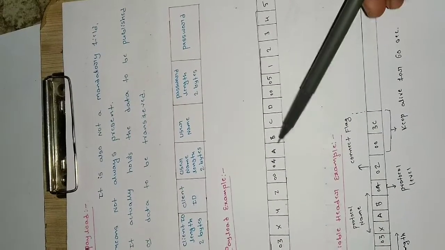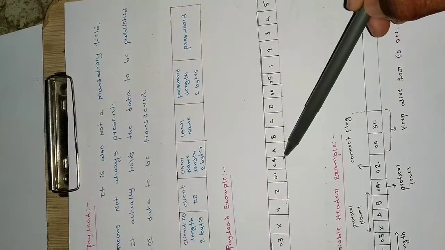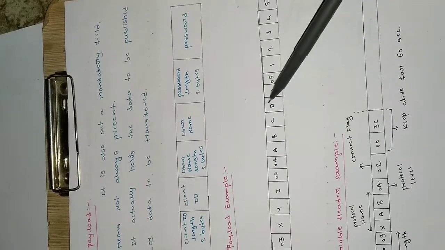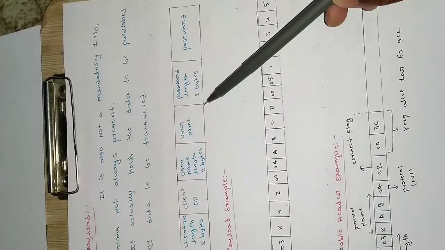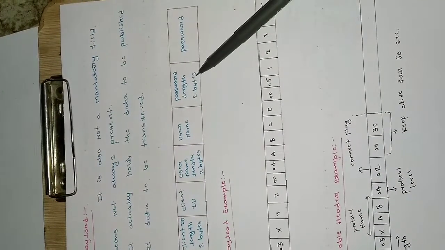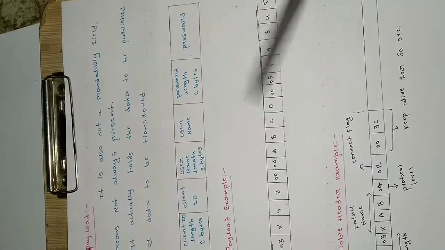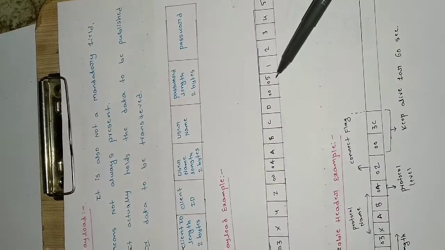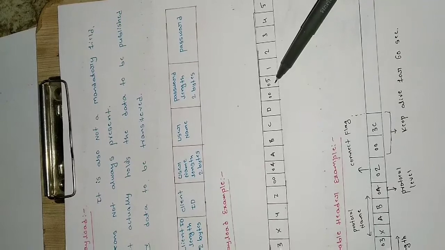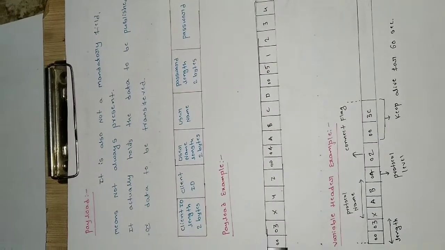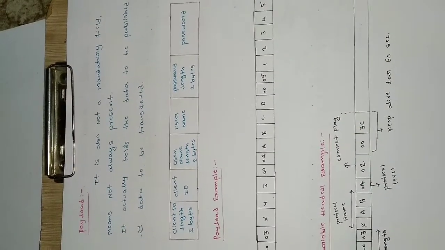So the username is ABCD, so it will fill up 4 here because 1 2 3 and 4. So we came up to this point now. So the password length is 2 bytes. So again 2 bytes are allocated for password length. So the password is 1 2 3 4 and 5. So 0005, so 5 will be filled up here. So this is how a payload will be present.